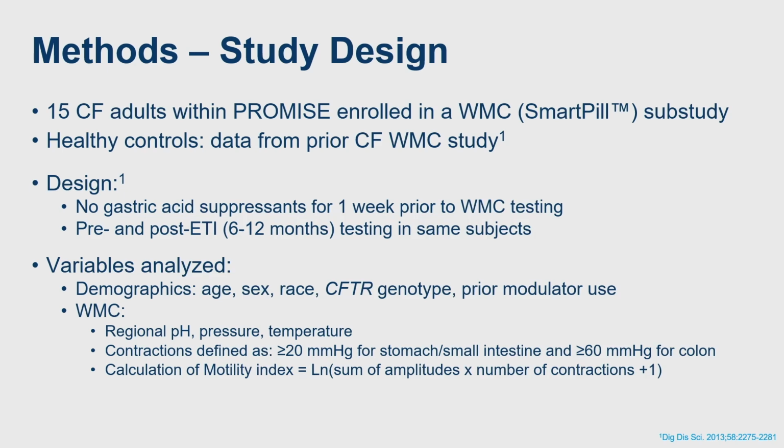But what I will tell you is we could see some changes, and we looked at both crypt and villus enterocytes. We could see that ETI could increase crypt chloride secretion, short circuit current, but it didn't necessarily change pH. And even when we looked at villus enterocytes, where we think maybe the anion exchange is happening, we didn't see those changes.